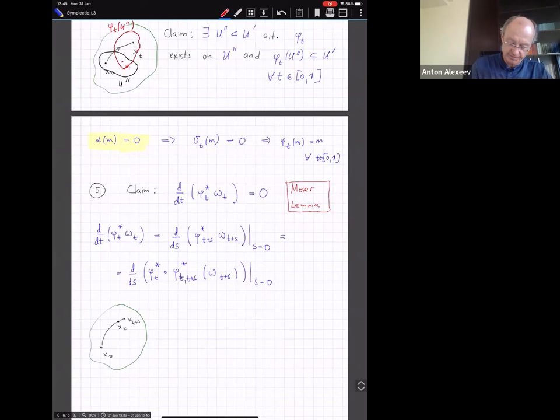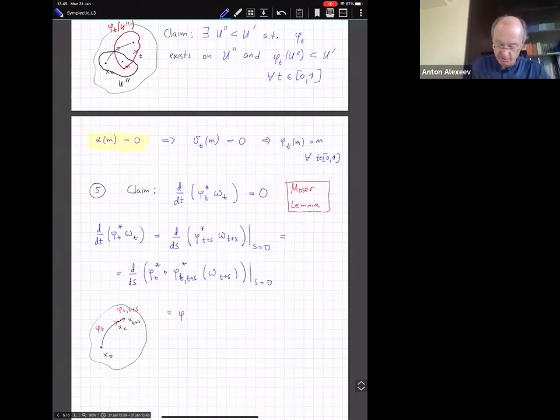So this is a diffeomorphism phi t, which goes here, and this arrow is a diffeomorphism phi t plus s. So that's how it works. And I first take a pullback from t plus s to t, and then the pullback from t to x0. Why not? Now, why does it have an advantage for me?